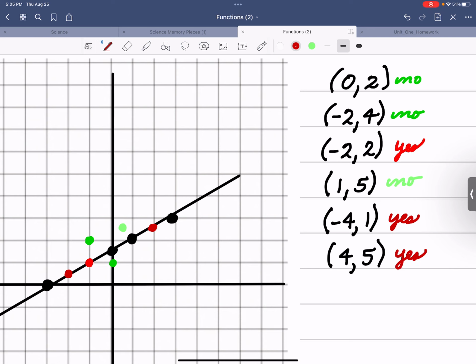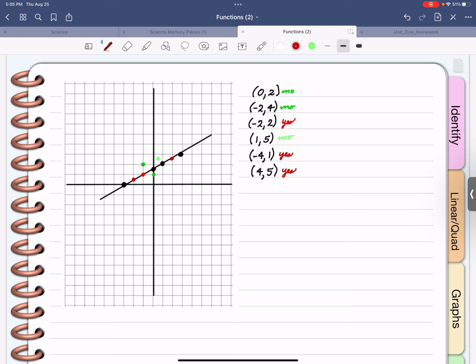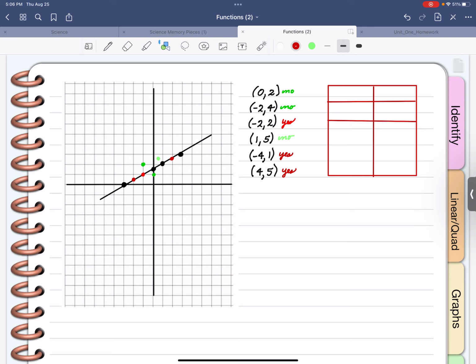And you know I can't just leave it there. I've got to add something to it. So let's go ahead and make a table of values for our yeses. So let's put a center line. And we have 3 yeses, so we need a total of 5 rows.